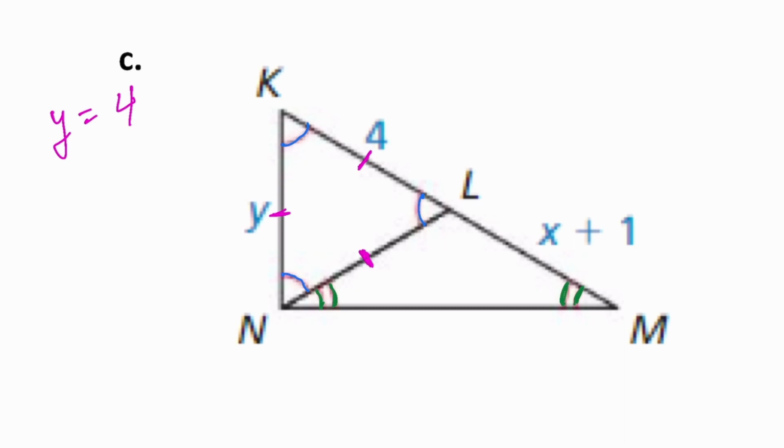And you'll notice that this is one of those legs of the isosceles triangle, so that means that this would be congruent to that leg over on the left. And we said earlier that this was the same, so this was 4, and this is also 4. So that means that I can set this up as x plus 1 is equal to 4. And if I subtract 1 from both sides, I get that x is equal to 3.